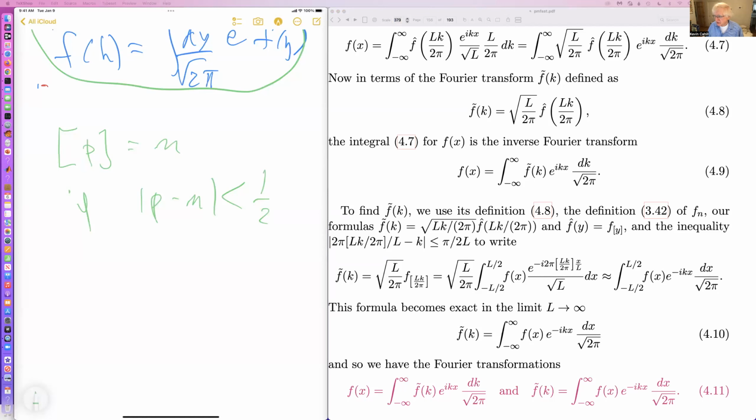Let me see if I can actually fix this on the fly, because what's actually going on here is a parenthesis here and a parenthesis there. I think that makes it clearer.